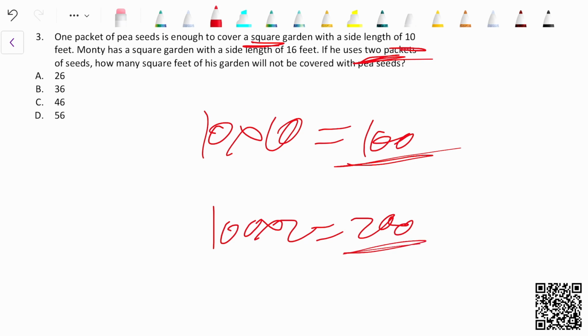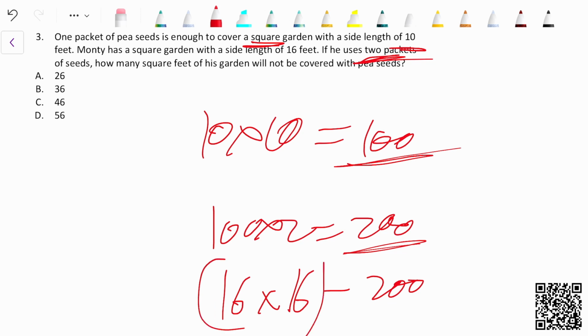And his square garden has a side length of 16 feet. So then that would be 16 multiplied by 16, subtract 200. And it would equal a number, and that is our answer here.